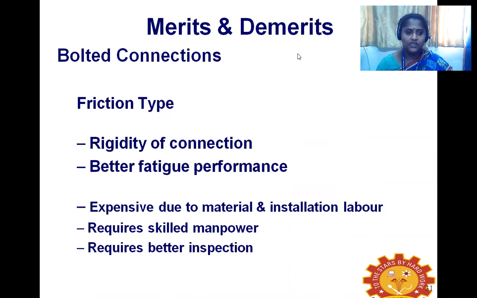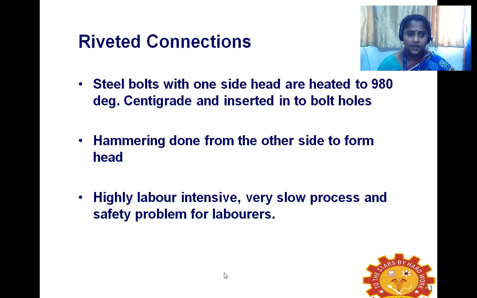In the case of friction type bolts, the merits are high rigidity of the connection and better fatigue performance. The main demerits are that it is expensive due to material and installation labor. It requires skilled manpower and better inspection.